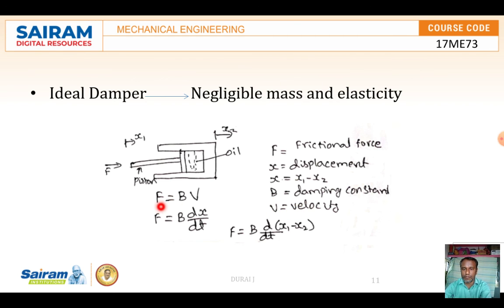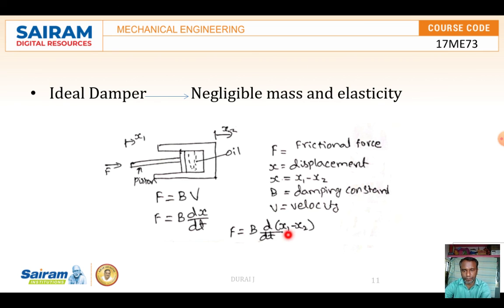So substituting, F is equal to B into dx by dt, so F is equal to B into d by dt of x1 minus x2.